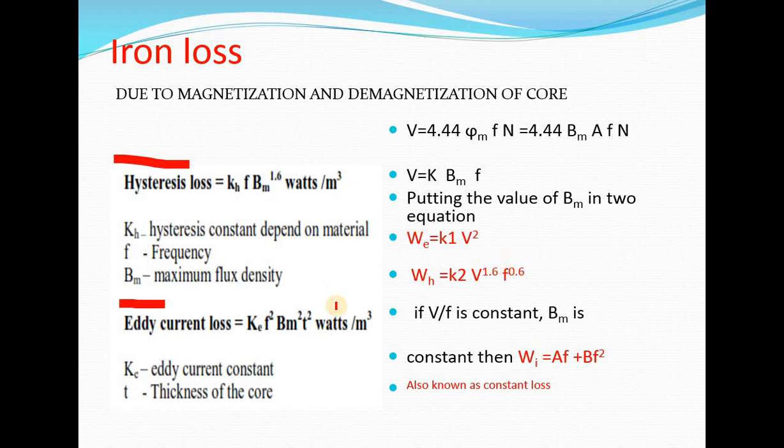The primary voltage is generally constant, so these losses are almost constant and do not depend upon the load. That's why these iron losses are also known as the constant losses.